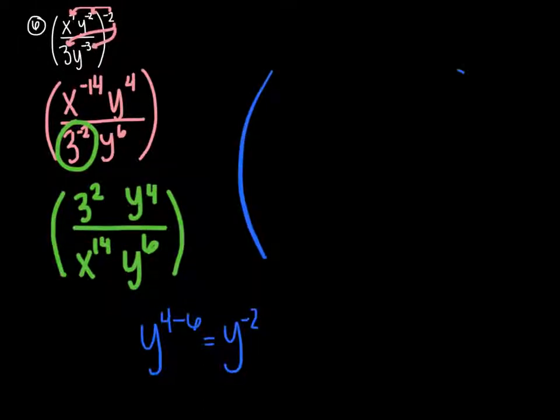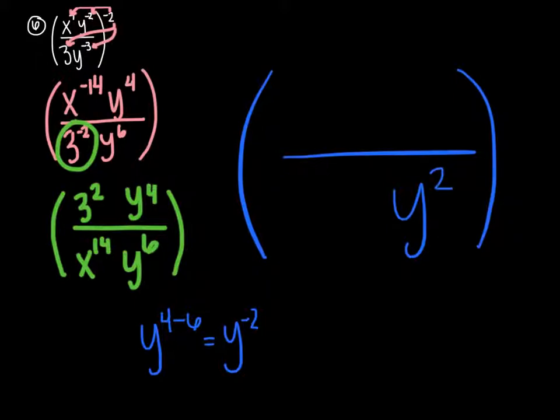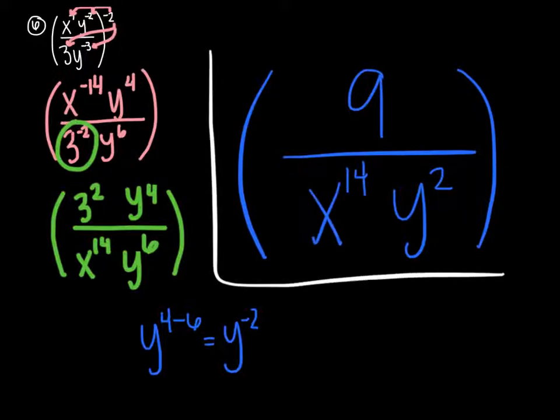So in our final answer, we're going to have y to the second on the bottom. Now on top, we've got 3 to the second, which is 3 times 3, which is 9. And then we still have this x to the 14th. This should be your final answer for number 6.